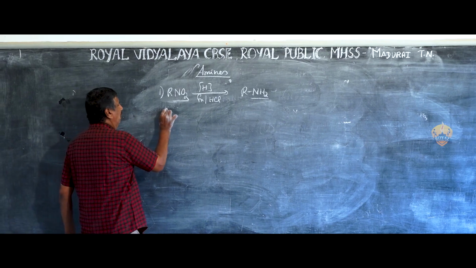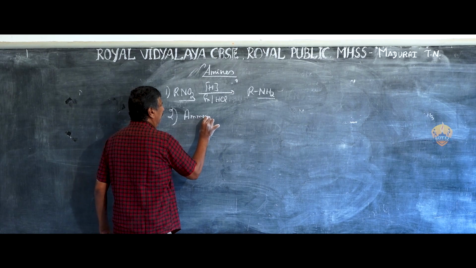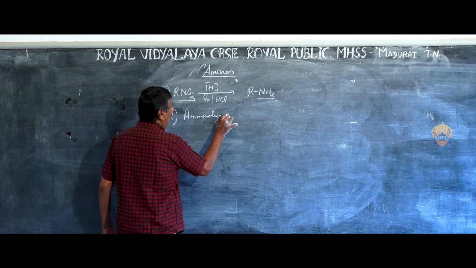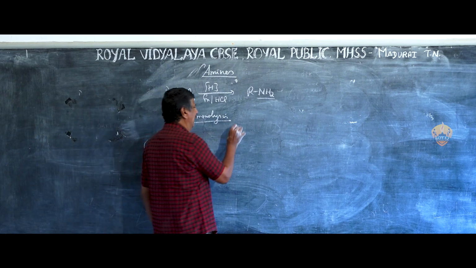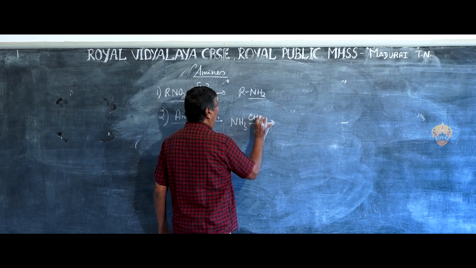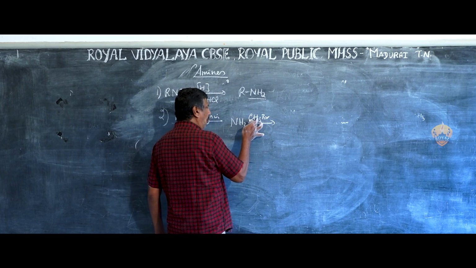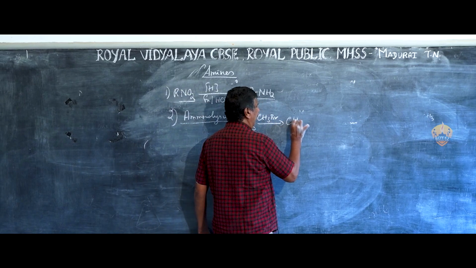Okay. Second one, ammonolysis. Since you are using ammonia as a starting compound, it is called ammonolysis. You are writing this compound. When you treat ammonia with methyl bromide, what will happen? 1 methyl will be introduced, 1 H will be replaced.